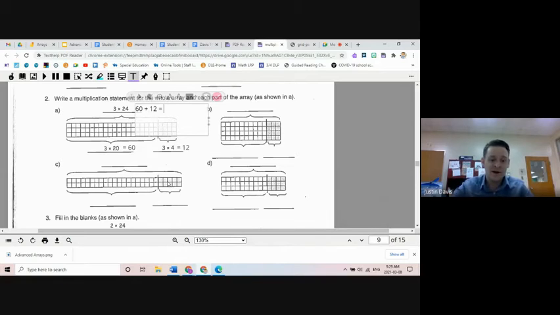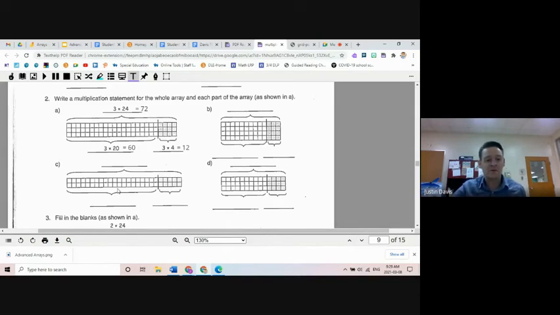That's going to give us 72, and that's going to give us our correct answer. So thinking about 3 times 24, we could think about it as 3 times 20, 3 times 4, and then add those 2 parts together. You're still going to get 3 groups of 24.